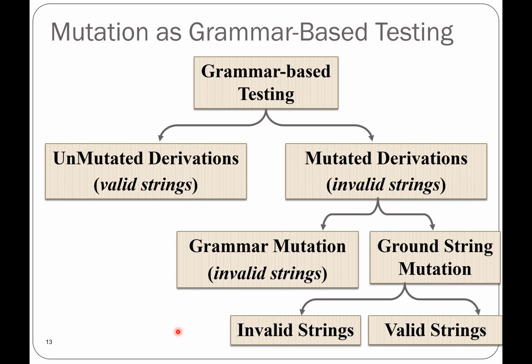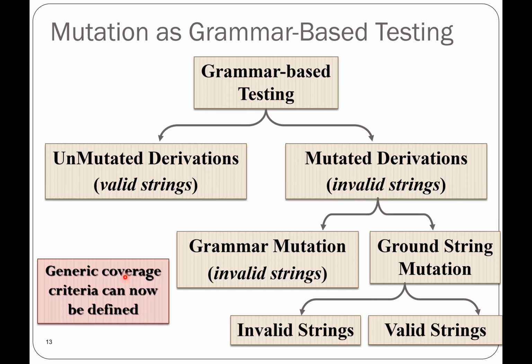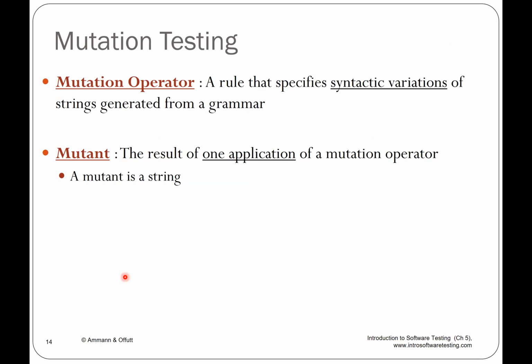Now, just to clear things up, we said we're going to have mutation operators, and it defines a rule, a systematic approach to mess up and create a different variation of a grammar or a ground string, and the result of it is the mutant.